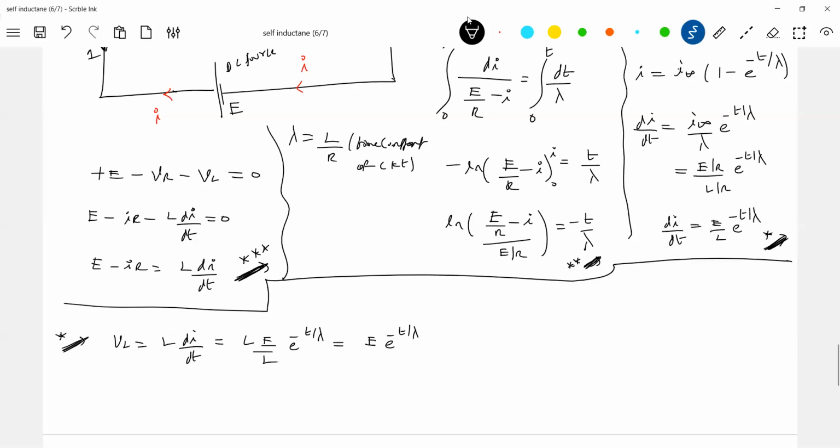And as usual, what is the drop across the resistor? I into R. We know I, so this will be E by R. Now make a careful observation: the drop across the inductor, the drop across the resistor.